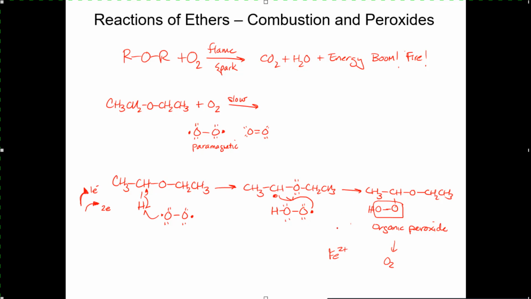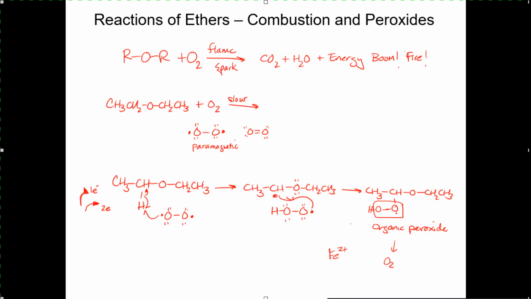Now, in the old days, you would have glass bottles of ether. And if the ether came in contact with air, sometimes it would form the peroxides, and it might even form the peroxides within the area between the bottle's glass and the cap, which means that if you turned the cap, you could detonate the peroxide, because that's basically a shock.